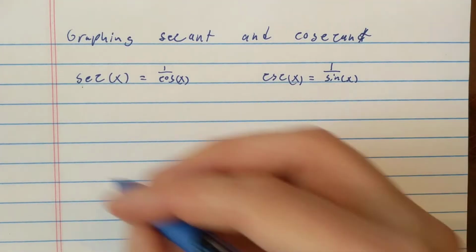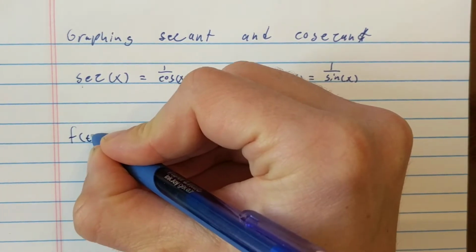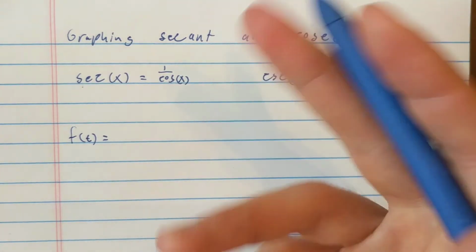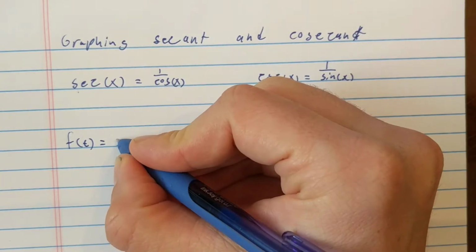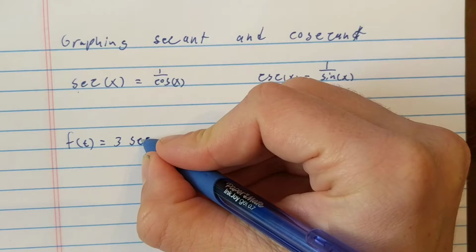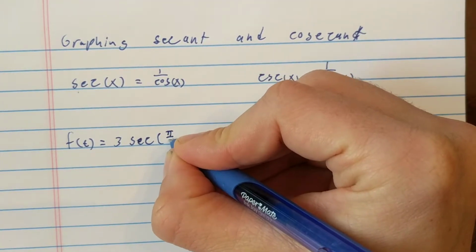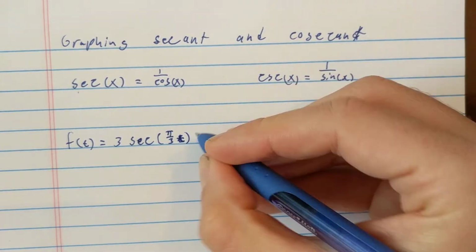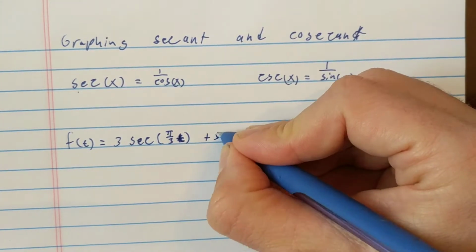For example, let's say I have f of t this time, because it doesn't matter the variable. You can choose x, t, theta, whatever you want. Let's go with t. Let's say 3 secant of pi over 3 t plus 5.